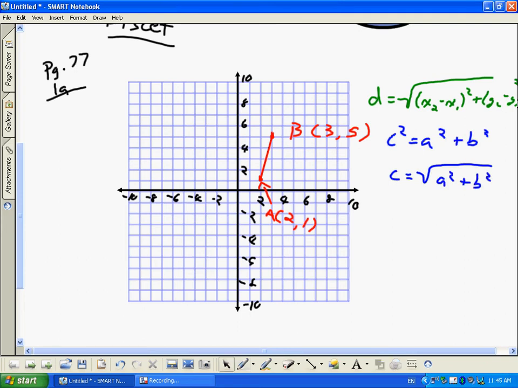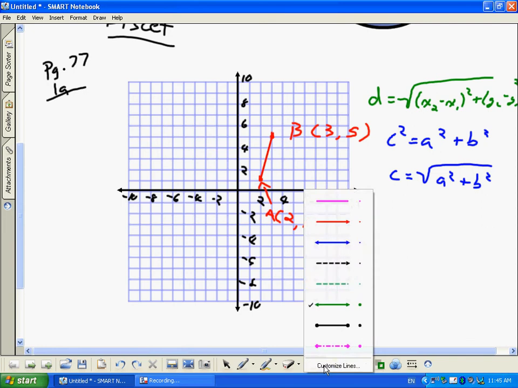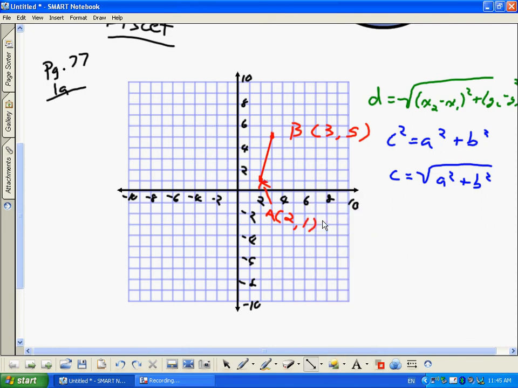So I'm going to do this using Pythagorean just because it's quick. It's already graphed for us, so I can make a right angle triangle very quickly. Do our line. First point here goes 1 unit across. So the base of this triangle is 1 unit.